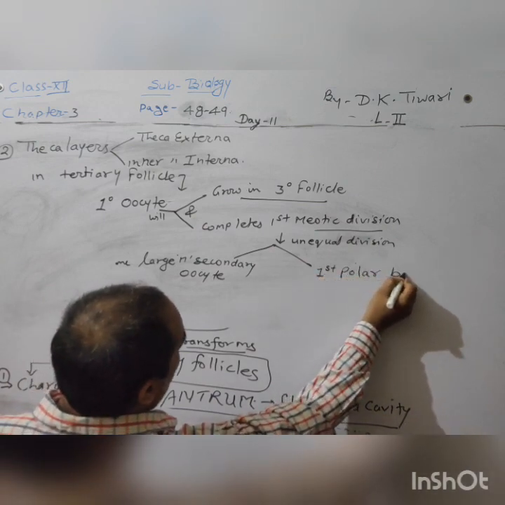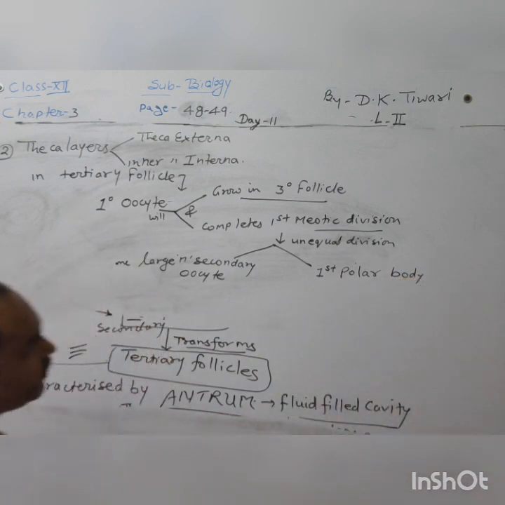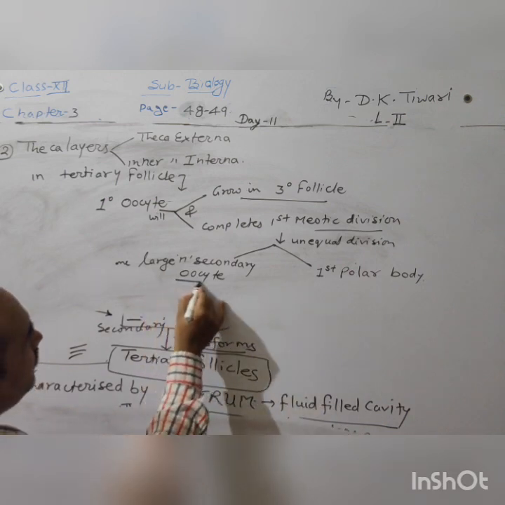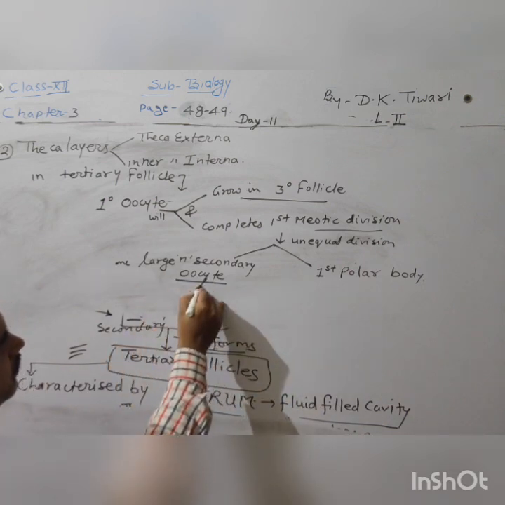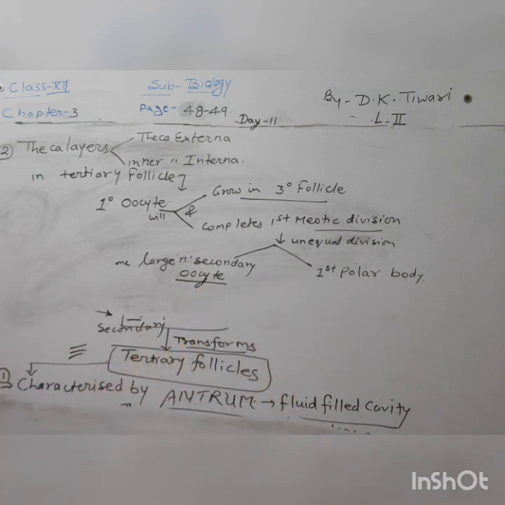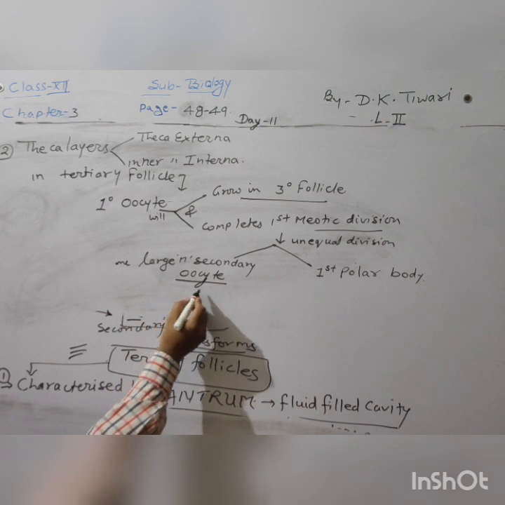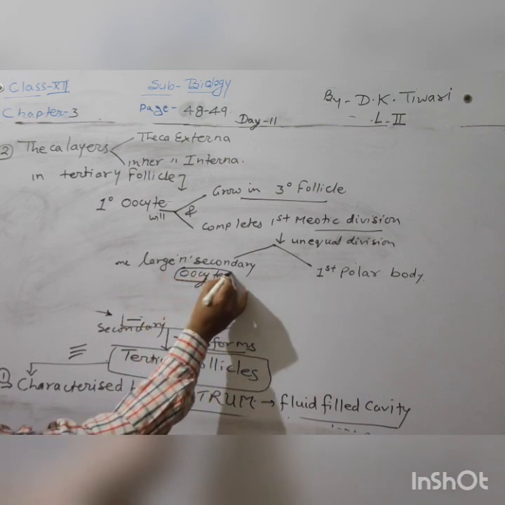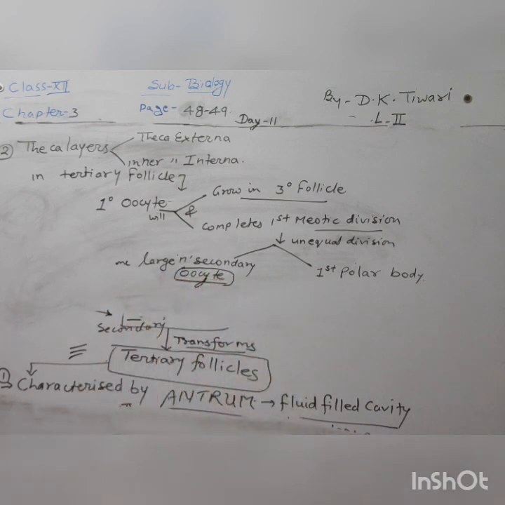The function of the polar body is not known or not clear, whether they disintegrate, providing nourishment for the growth of oocytes, or what they do is not clear till now. So now here it is the secondary oocyte, and we will see what happens with it.